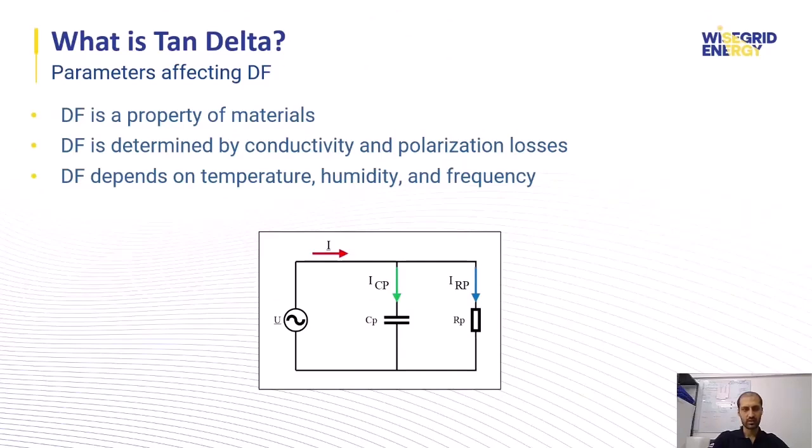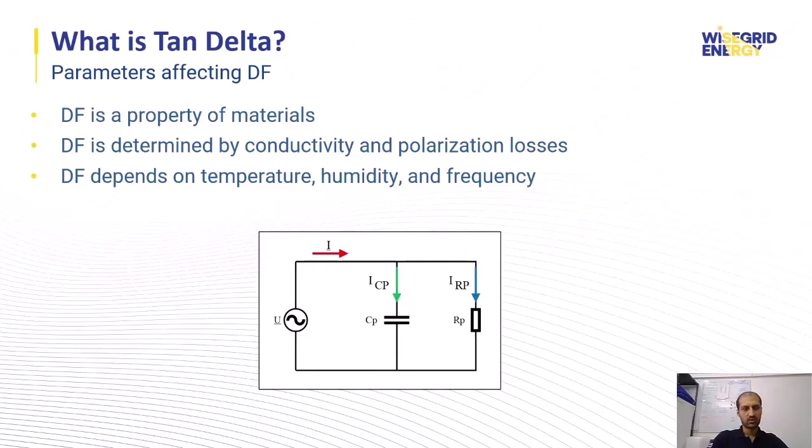First one is the conduction loss, which is related to the insulation resistance, what we measure at the insulation resistance or Megger test. The second one is the polarization loss, which happens inside the dielectric due to the molecular behavior. We will discuss this in more detail later.